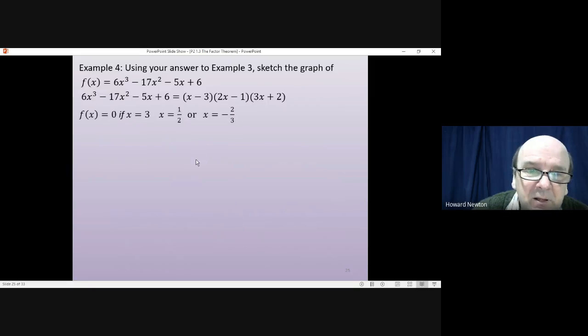Okay, let's have a look at this. Well, to sketch the curve, what we really want to know is the crossing points on the x-axis. That'll be the most important thing for this. Well, it crosses the x-axis when y equals 0 or when f of x equals 0. And that will happen from the first bracket when x equals 3, from the second bracket when x equals 1/2, and from the third bracket when x equals minus 2/3.